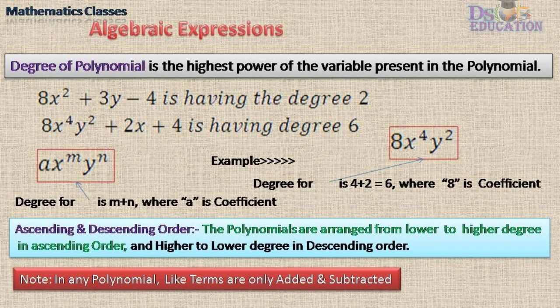So remember, whenever you are doing addition and subtraction, you cannot add two different terms, that is two unlike terms. Example, 2x square and 2x to the power 3, these two terms are different, so you cannot add these two terms. Okay, so remember this thing.